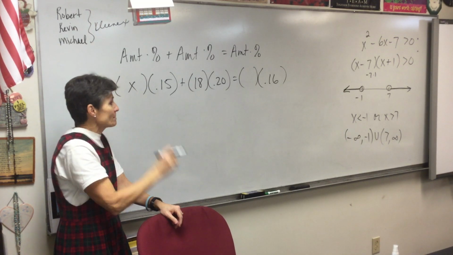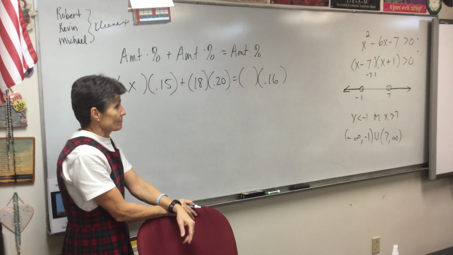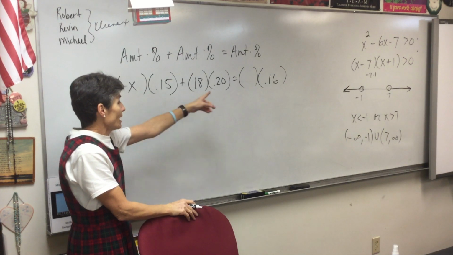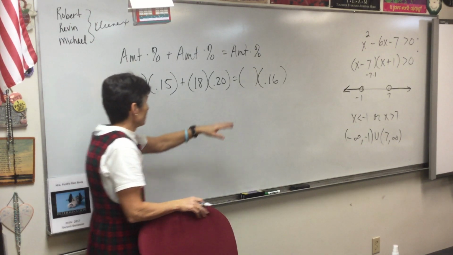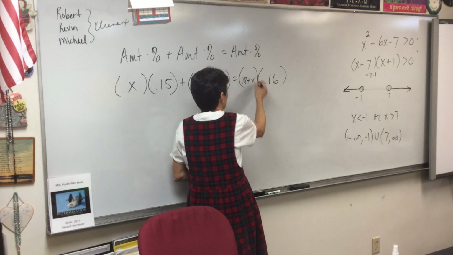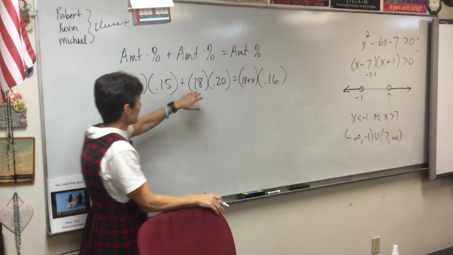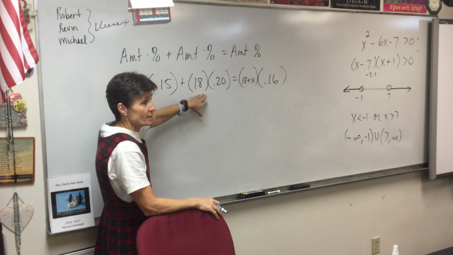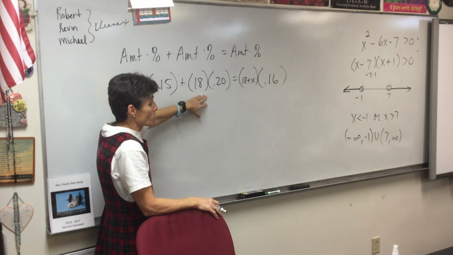There's nothing magical or mystical about that. I just wrote down all the numbers in the problem. Now I have a blank. I always have a blank. If the blank is here, it is 18 plus X. If the blank happens to be here, which it is sometimes, it will be 18 minus X.